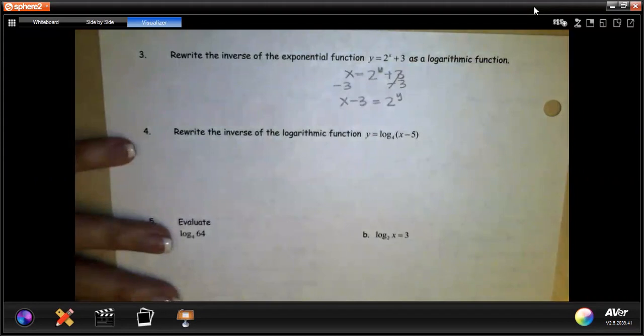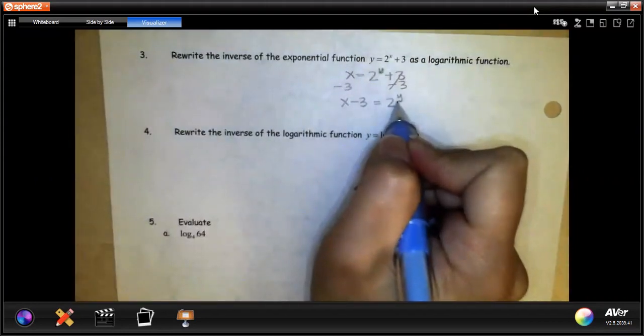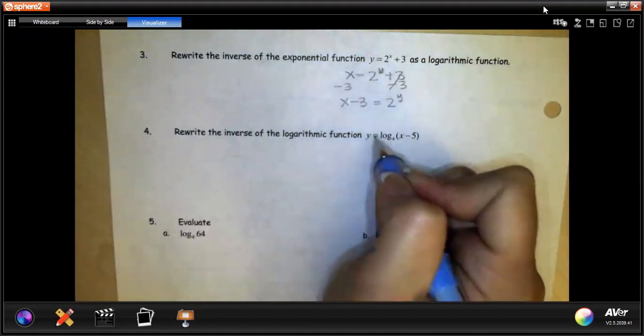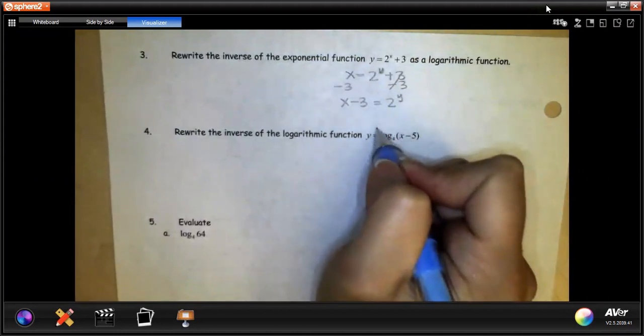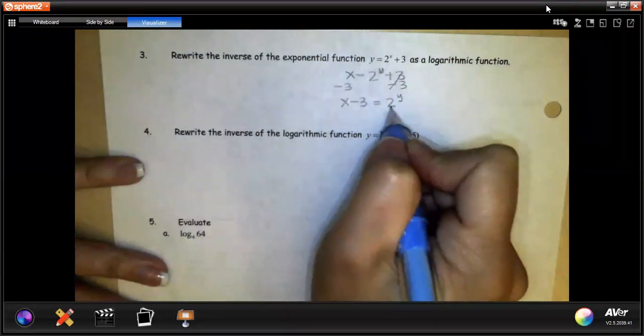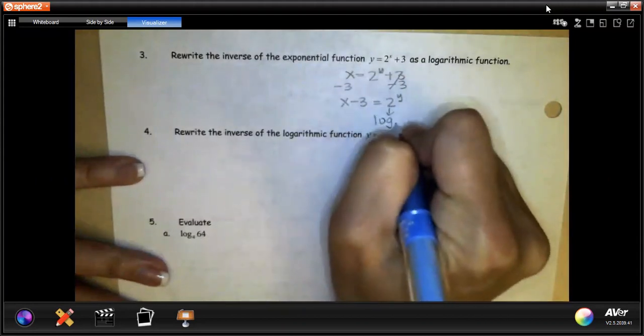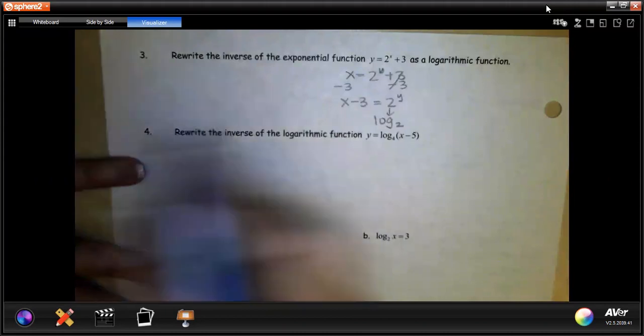This is where we're kind of stuck because now the y is in the exponent. And so previously we didn't know how to get this out of the exponent. This is where we want to convert it to a log so that we can free that y. The base on the exponent becomes the base on the log. So that's going to drop down. We get log base 2. And then they switch places.